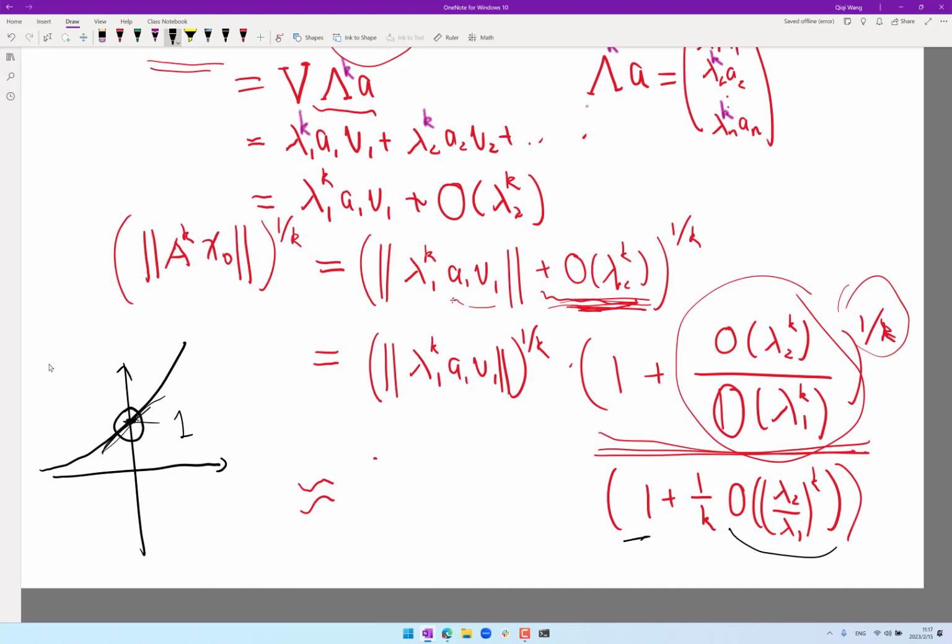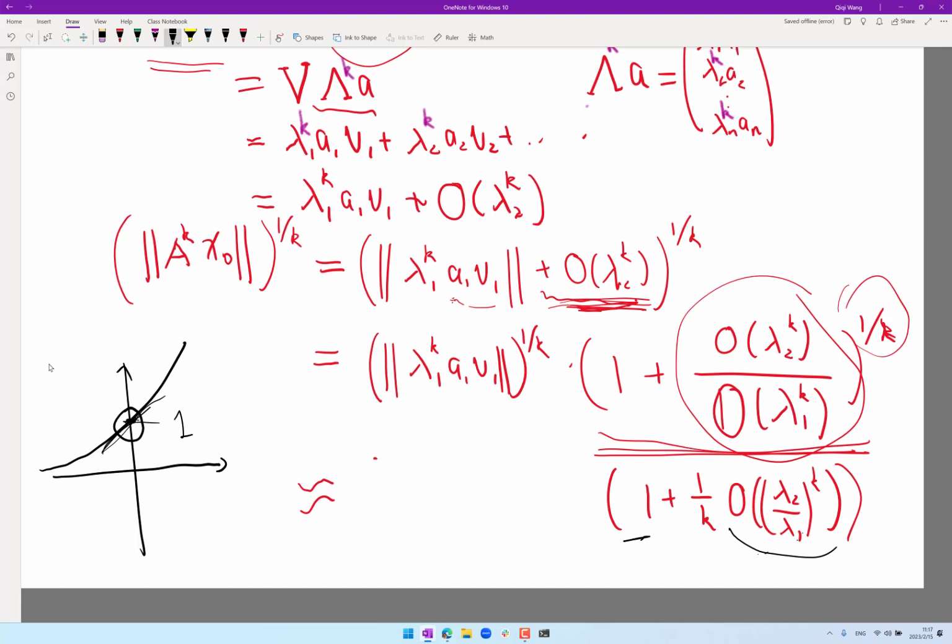Basically, the error caused by what we call the gap between adjacent eigenvalues really goes down exponentially. As you increase k, the difference between this term and 1 goes exponentially smaller and smaller.